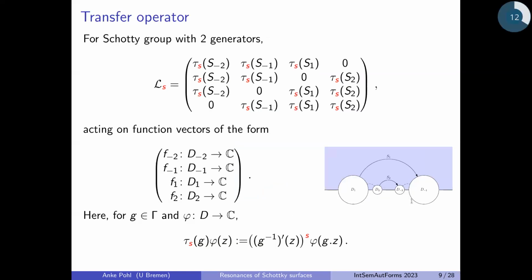So in this specific situation, our transfer operator looked like this. You can write it down as a 4x4 matrix. There are a couple of zeros here on the counter diagonal. It is acting on functions on the part of the boundaries which you actually want to work with. And because these parts decompose into connected components, you can also split the function into these 4 parts here.